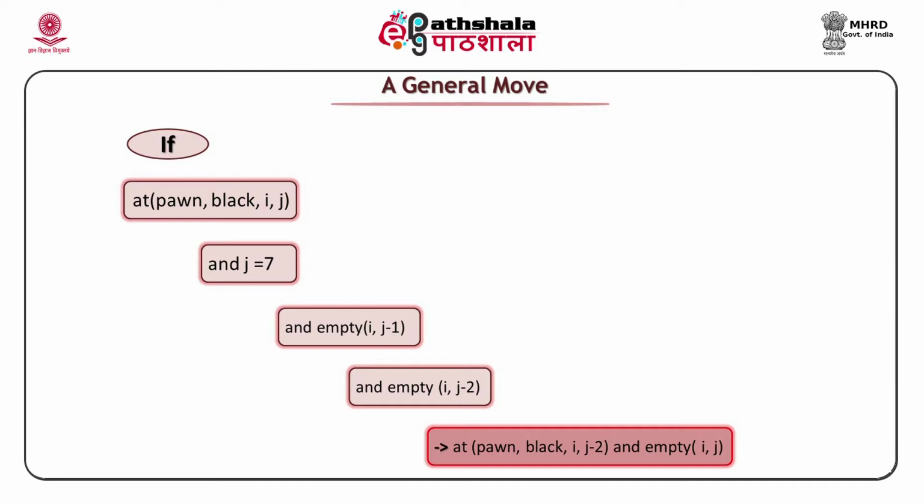It says that the next block is empty. Not only that, the next also is empty, empty i j minus 2, so you can move that piece forward. Then you can say at pawn black i j minus 2, you just move the pawn 2 steps further, and where earlier the pawn was, that place is blank.